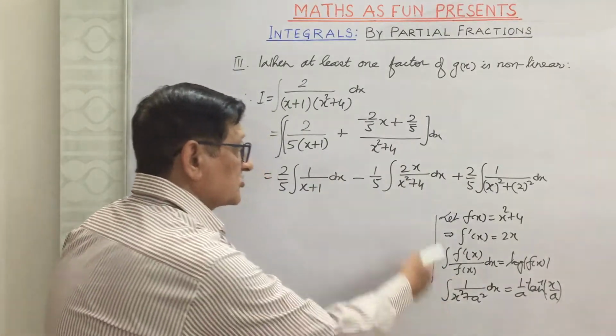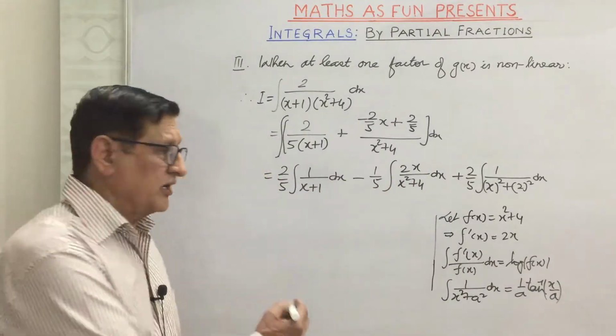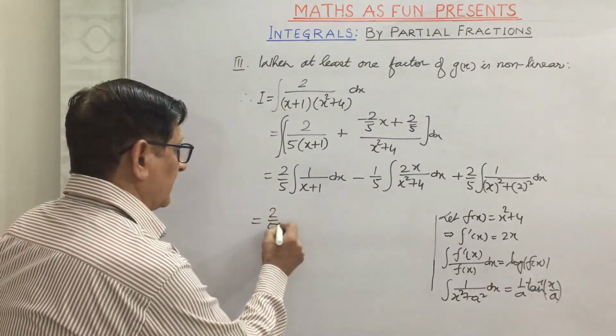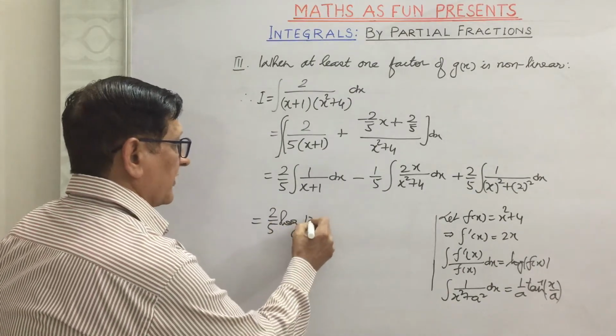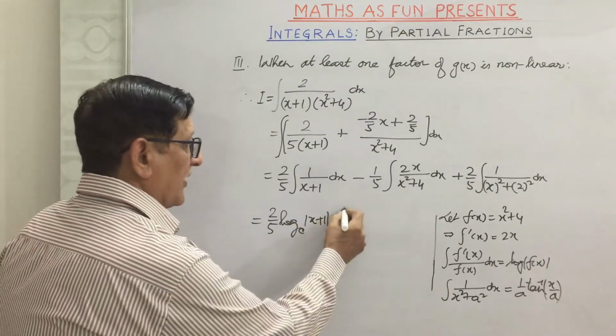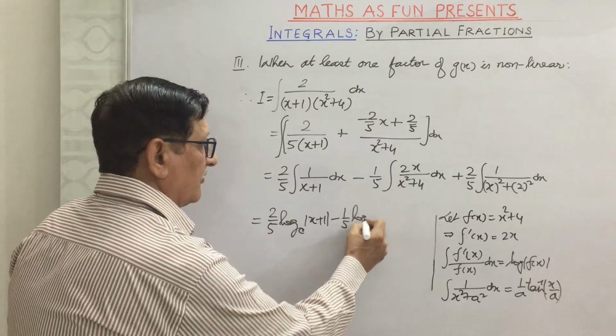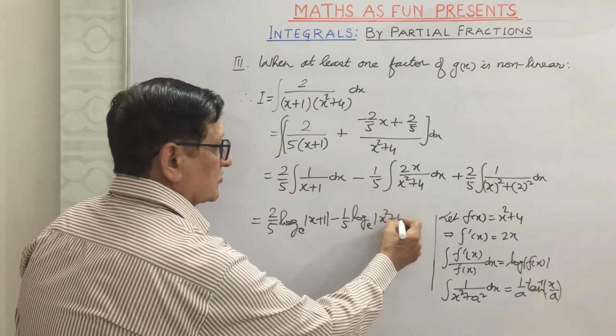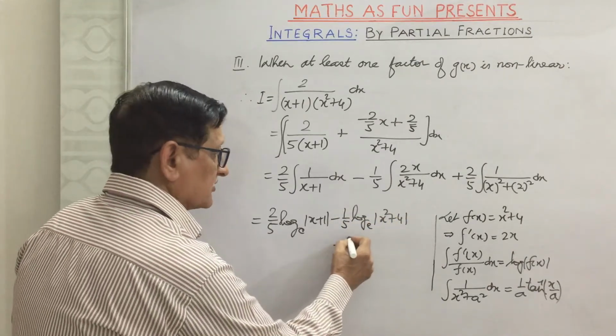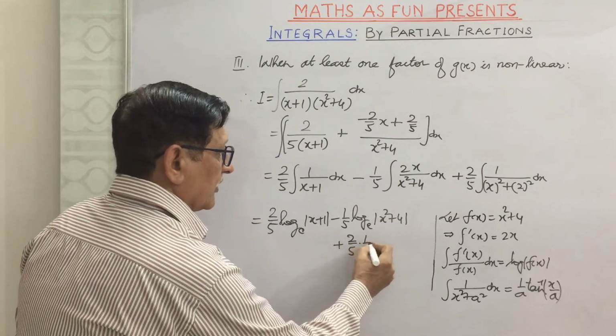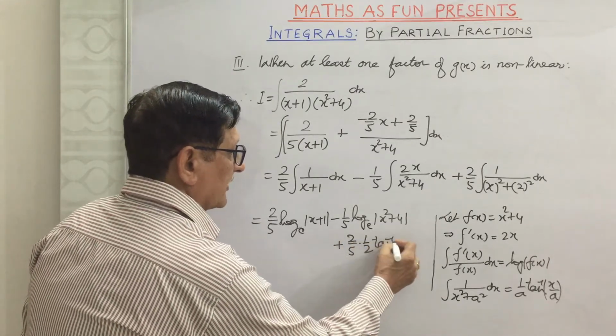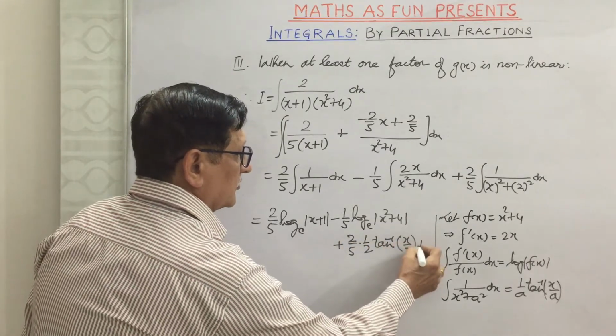If we apply these two here, we get 2 upon 5 log of x plus 1 minus 1 upon 5 log of x square plus 4 plus 2 upon 5 into 1 upon 2 tan inverse x upon 2 plus c.